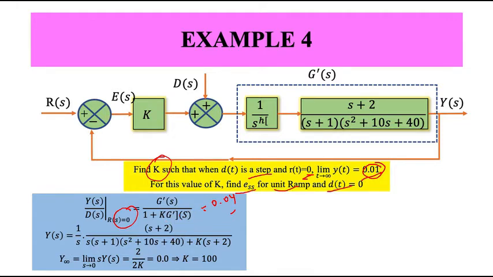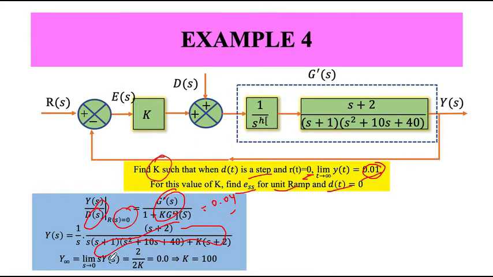We saw how to derive the transfer function in previous tutorials, numericals. Now what I would want is D(s). D(s) is step, right? So D(s) is equal to 1 by s. Then this is my transfer function. I'm calculating my transfer function over here.